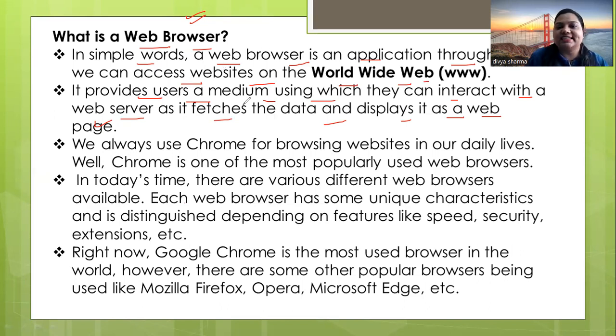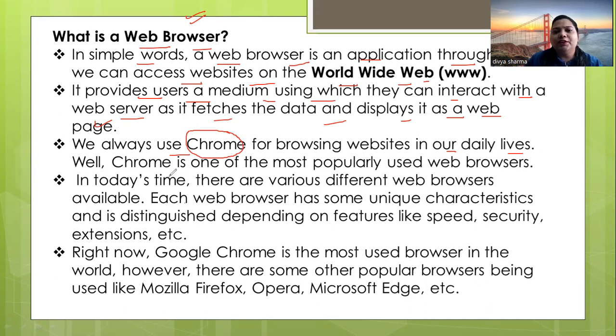The web browser acts as a medium through which you can interact directly with the internet and access any website. We always use Chrome for browsing websites in our daily lives. Whether we use mobile phones, laptops or PCs, we basically use a web browser.